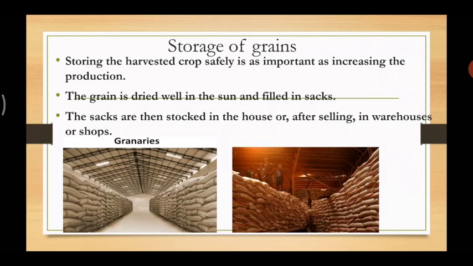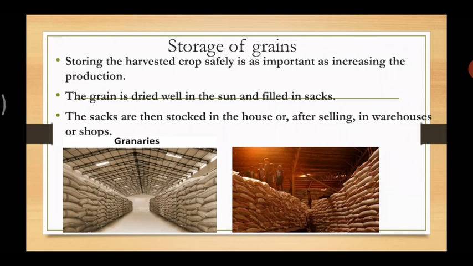The grain is dried well in the sun. So when the crop is grown, the grain is dried well in the sun and filled in sacks so that it lasts longer, because drying is a process which removes the moisture content from the crops and preserves them longer. So what is the procedure?